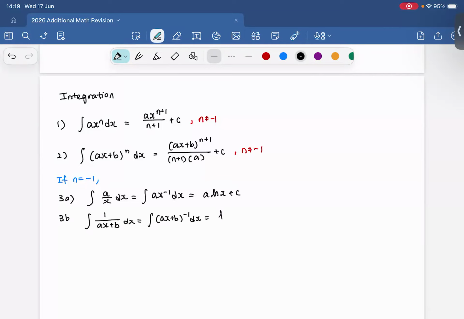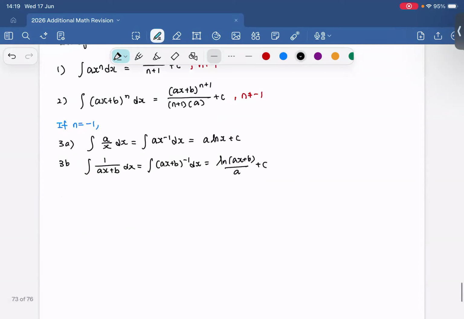So when this happens, you must think of your ln. Okay, and then you need to differentiate this and divide here, plus c. So this is the more complicated part because it's very difficult to tell which one it is. Okay, then the rest will be pretty easy to differentiate because they are just your integrate sign.